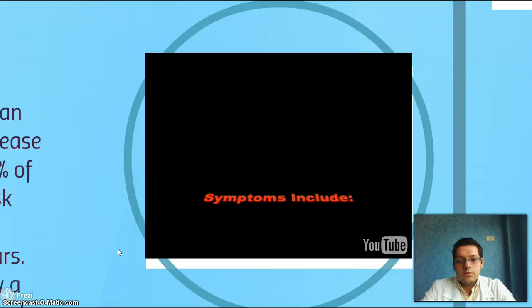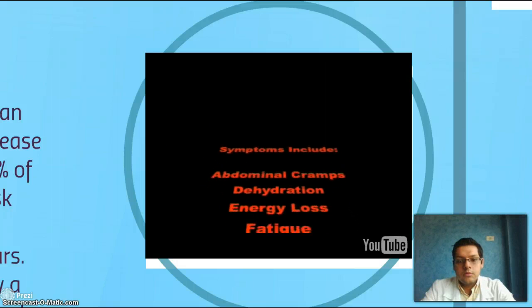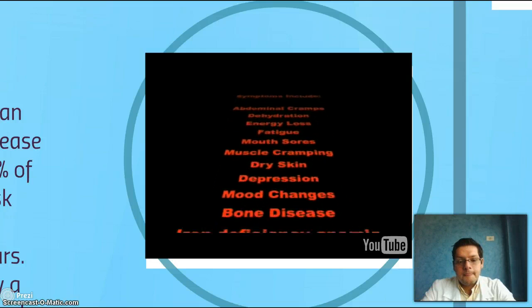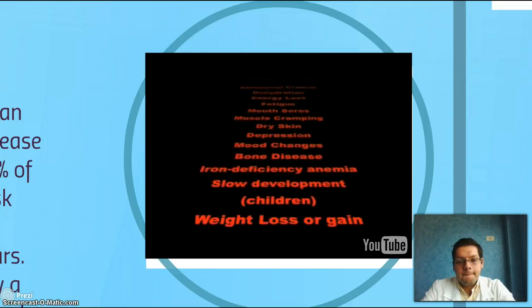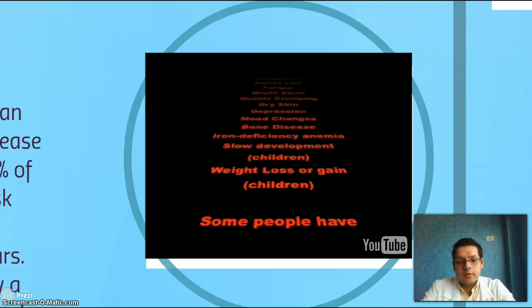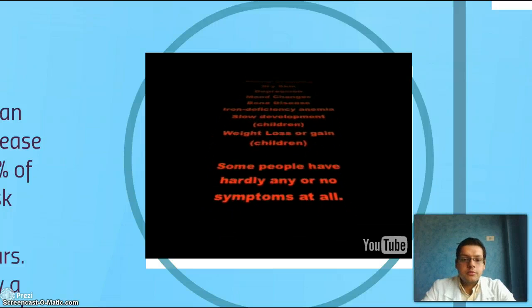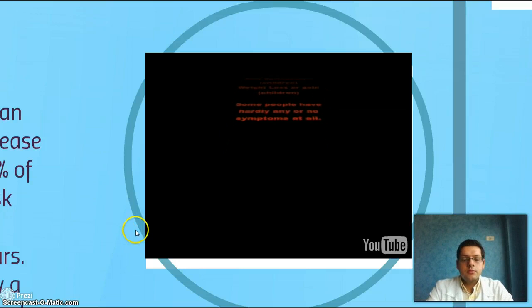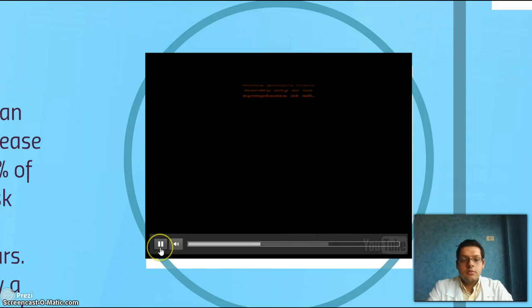Some of the symptoms of celiac include abdominal cramps, dehydration, energy loss, fatigue, mouth sores, muscle cramping, dry skin, depression, mood changes, bone disease, iron deficiency anemia, and in children, slow development and weight loss or gain. Some people, however, have hardly any or no symptoms at all.